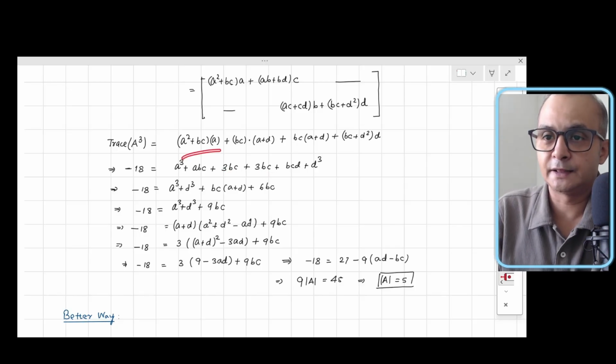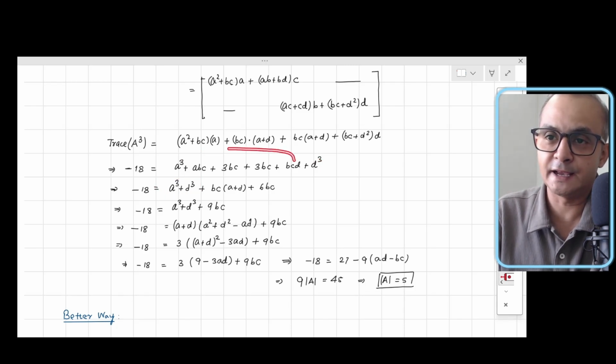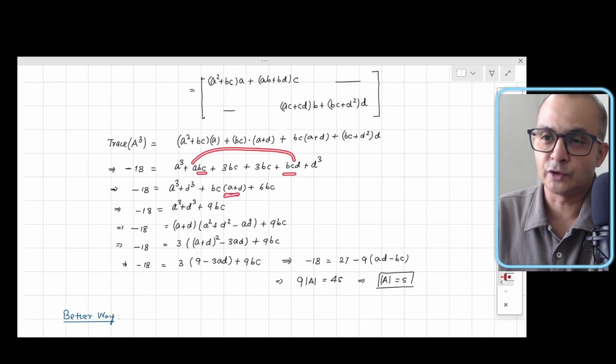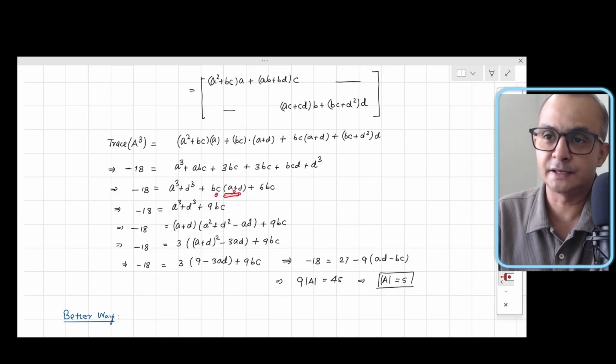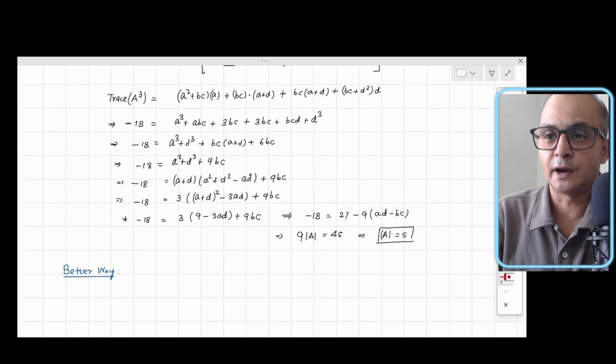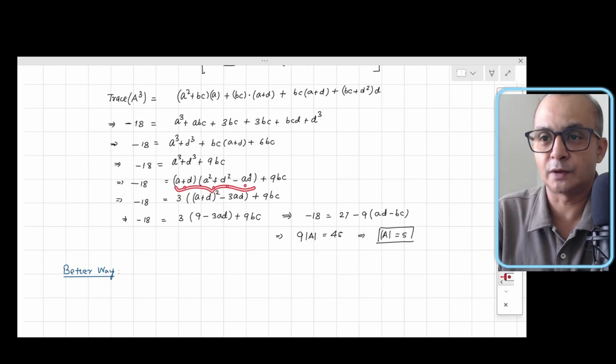Again, I'm clubbing this A cube and D cube together, and this is going to be BCD and ABC together. From these two, BC is common again. So I have A plus D, and again BC times A plus D, 3BC, and just 6BC, so 9BC. For A cube plus D cube, I will apply the a cube plus b cube formula: A plus D times A square plus D square minus AD.